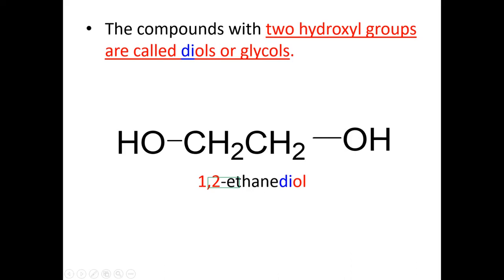So why do you put 1 and 2? Number 1 and 2 is the location of the OH groups at carbon number 1 and carbon number 2. So it will be 1,2-ethanediol. Please remember to put a comma in between number and number, and a dash in between number and alphabet.